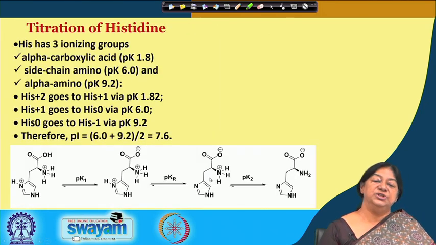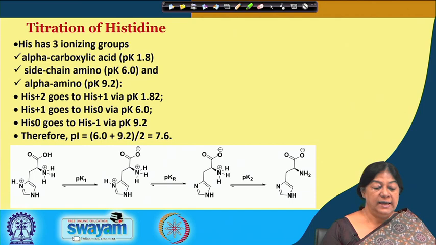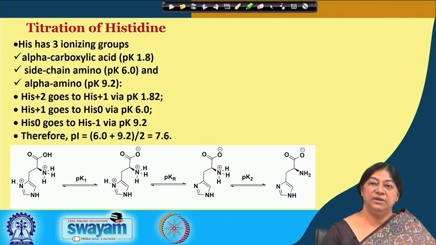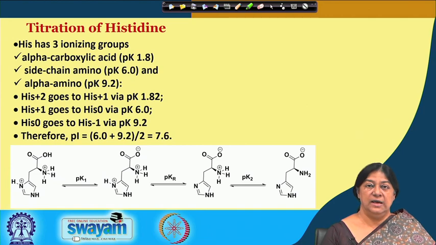We look at the titration of histidine now. In case of histidine, again we have 3 ionizing groups. It is an ionizable amino acid. And the most interesting point about histidine is that the pKr value is close to 6. And this can vary depending upon where histidine is positioned in the protein.